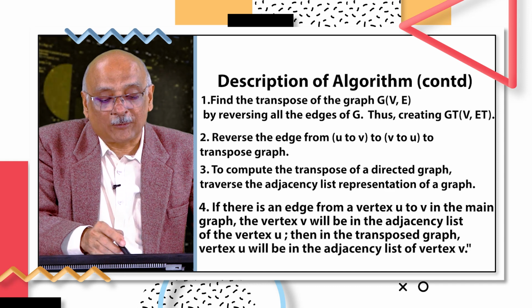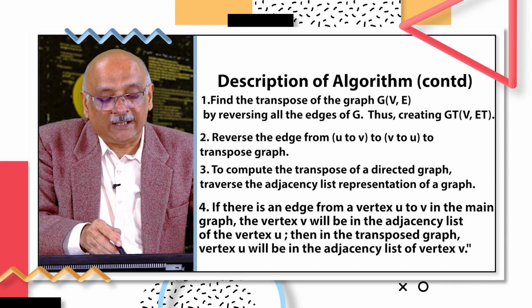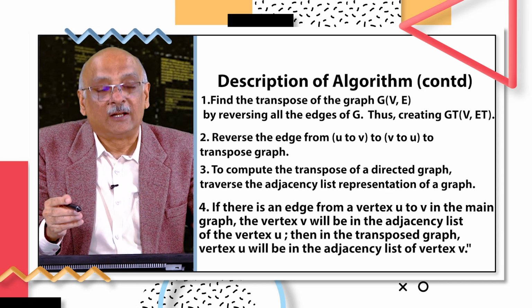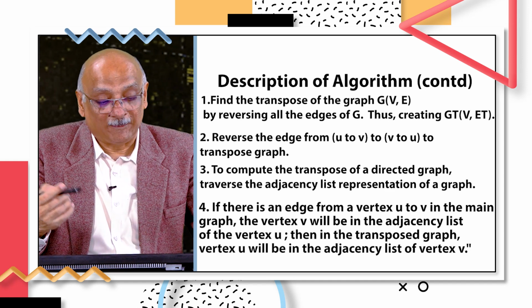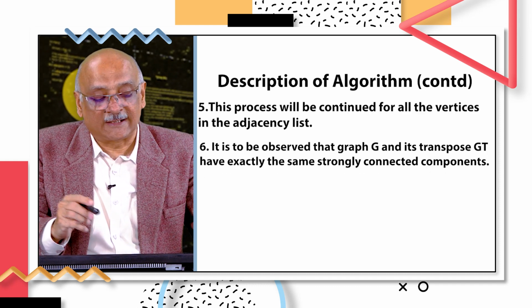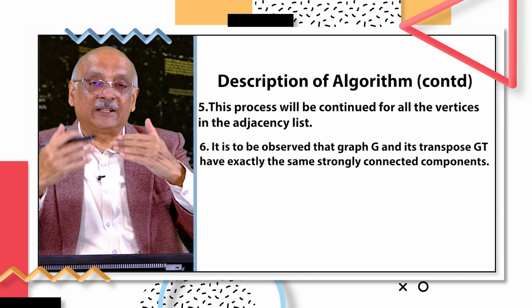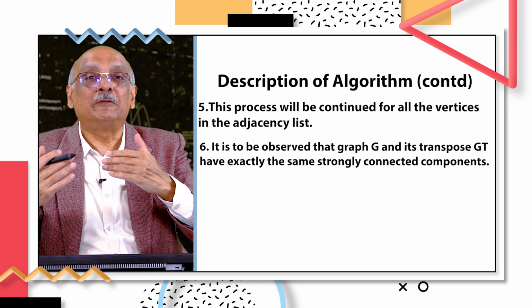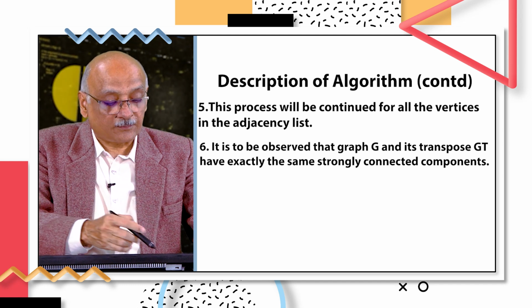If there is an edge from a vertex U to V in the main graph, the vertex V will be in the adjacency list of vertex U. That is precisely what I was trying to say. This process will be continued for all the vertices in the adjacency list. So, we will repeat this process and make the transpose of the graph.